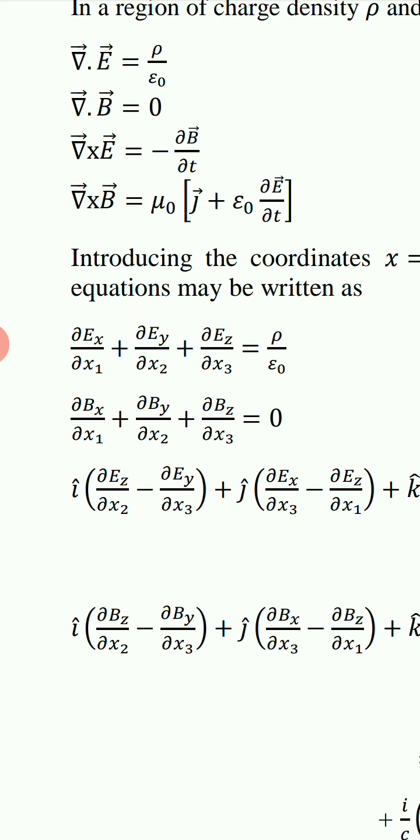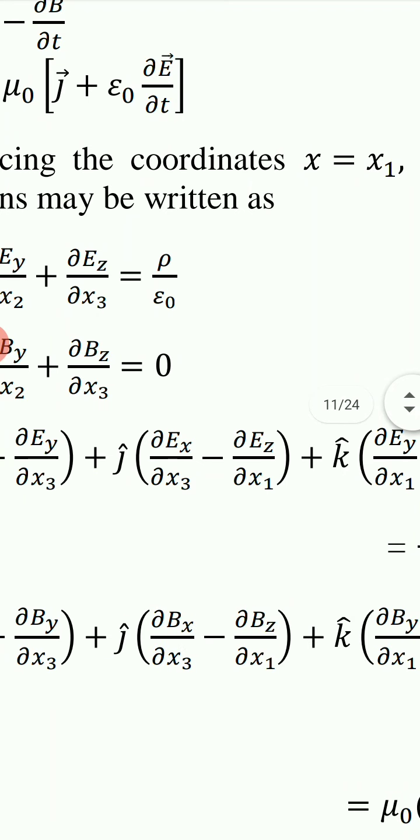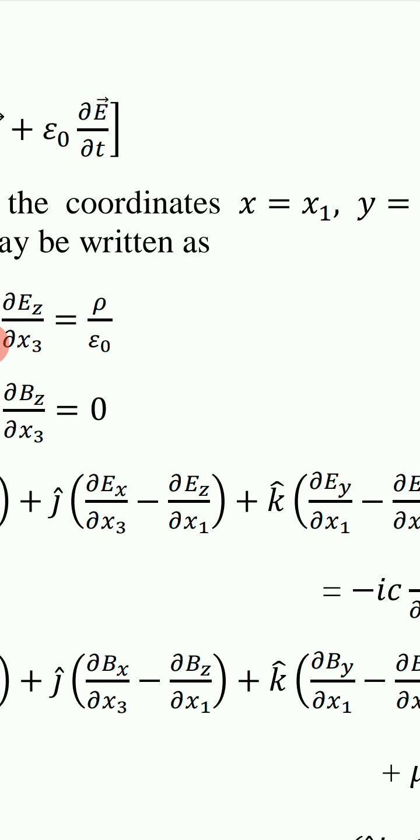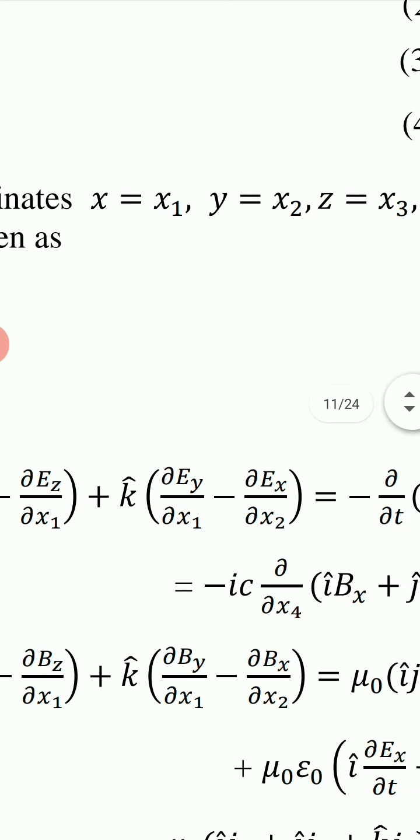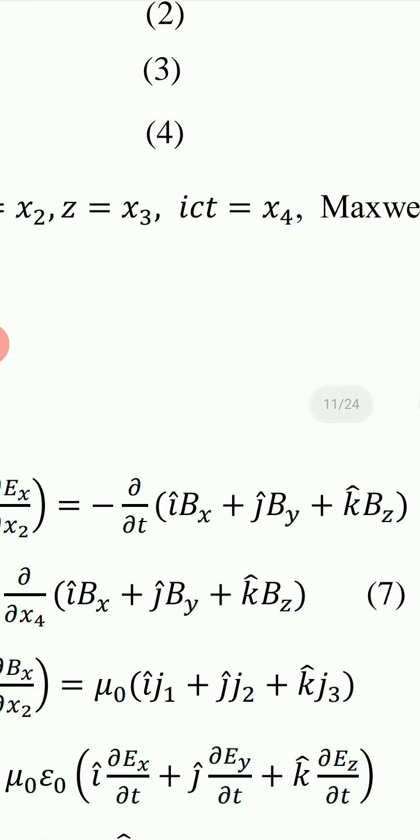And third equation, del cross E equal to minus delta B upon delta T can be written as I cap (delta Ez upon delta x2 minus delta Ey upon delta x3) plus j cap (delta Ex upon delta x3 minus delta Ez upon delta x1) plus k cap (delta Ey upon delta x1 minus delta Ex upon delta x2) equal to minus delta upon delta T (I cap Bx plus j cap By plus k cap Bz).